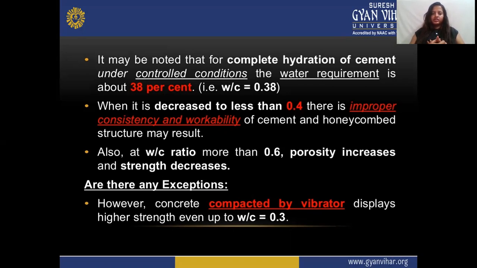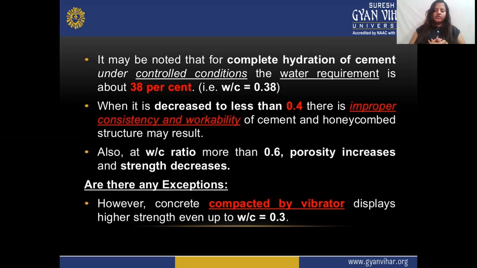Because of honeycomb structure, what happens is the aggregates are separated. They get fixed in the bottom layer, and the cement paste, due to excessive water, will float to the upper surface, and the lower surface will be only coarse aggregates, which will not be properly covered or coated with cement paste, which results in honeycomb structure.